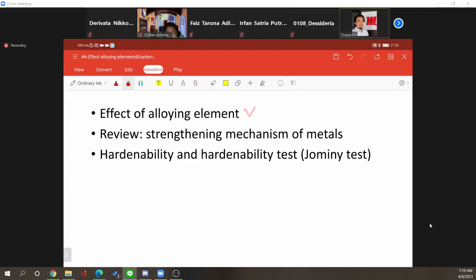And a little bit about the mechanism of strengthening, or how we strengthen metals, which is basically something we have discussed in Metal 1, but we will review a little bit about this, and we'll correlate this to the TTT diagram and how the behavior of a metal changes if it is hardened.